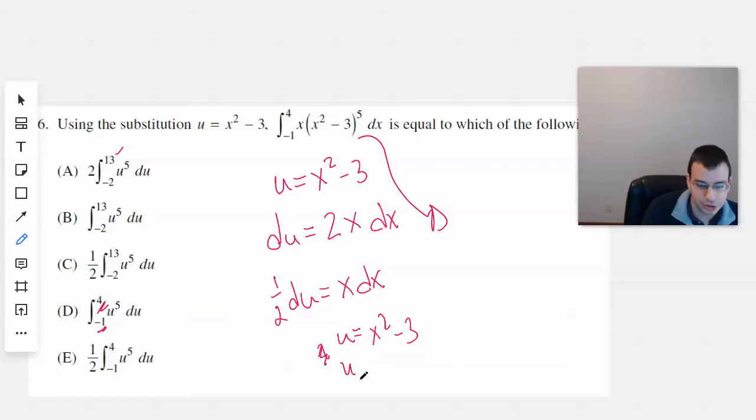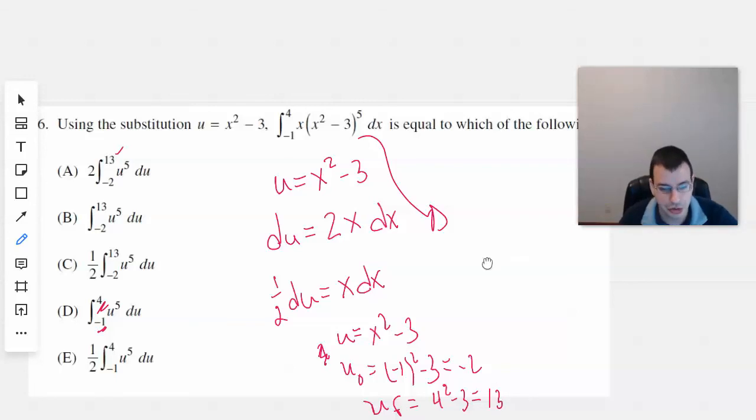So u initial, using negative 1, is negative 1 squared minus 3. Negative 1 squared is positive 1, minus 3 is negative 2. Check. As expected, u final equals 4 squared minus 3, which is 16 minus 3, which is, I'm going to cheat, 13. Okay, so that's true. Got it.